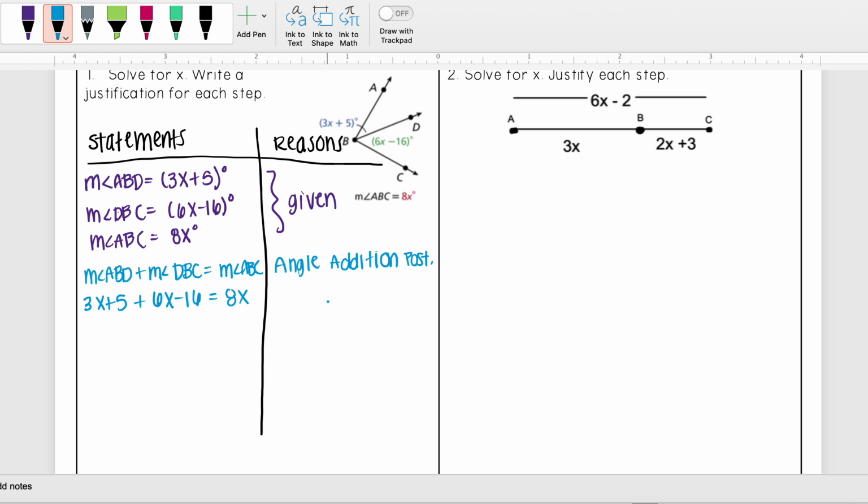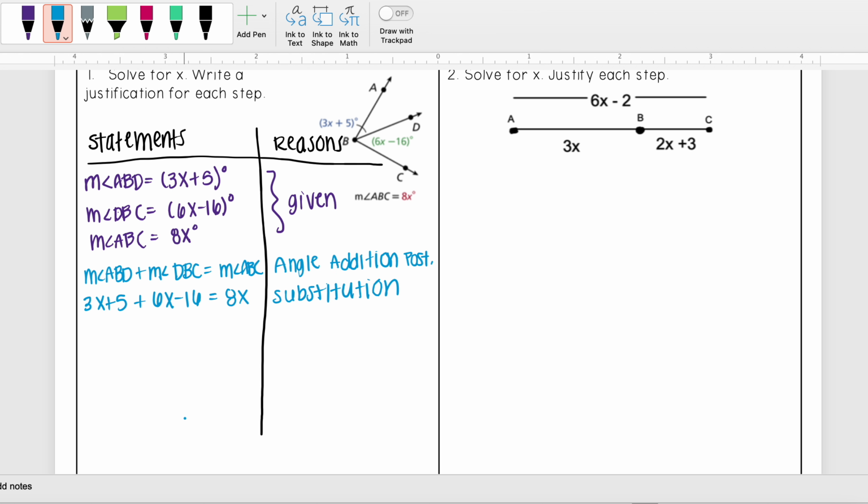Now I need to write a justification for why I could do that. Well, I know that I can switch out those values since the measure of angle ABD is 3x plus 5 and so on. So my reason for that is substitution. Whenever I'm substituting in values, my reason is substitution.